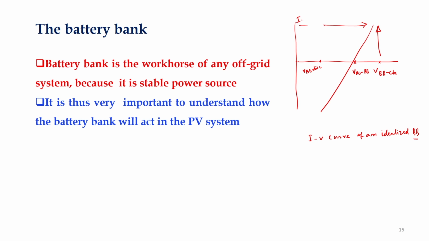This is IBB charging, and we will have IBB discharging, okay. And this part is charging and this is discharging. And this represents current, this is voltage, right.